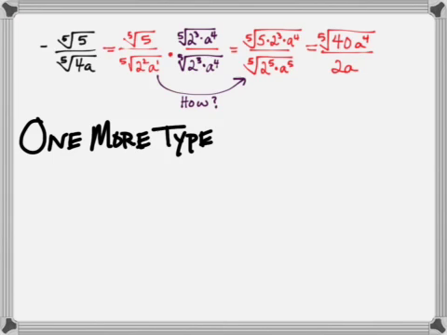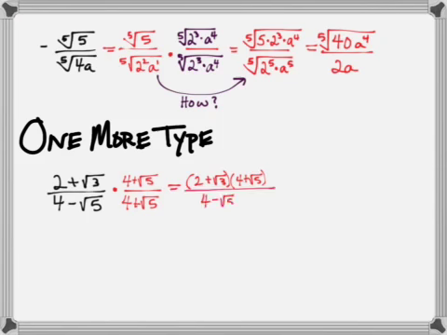We have one more type that this might look at. It's similar to our imaginary numbers from before. If I have rational and irrational numbers that I'm adding together, we are going to multiply by what's called the conjugate. So instead of 4 minus root 5, we're going to multiply by 4 plus root 5 over 4 plus root 5. We run through our math, and we just multiply it out. So we FOIL it, and on the top we get this mess.